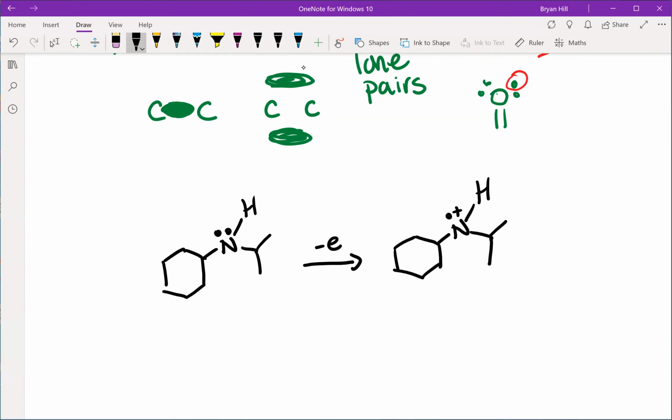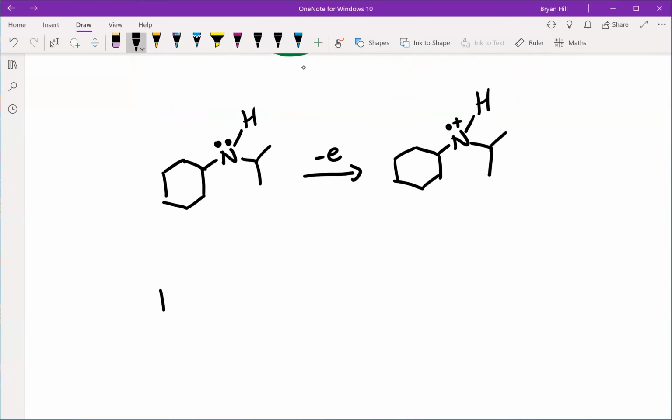If you had a double bond and you were to lose an electron, you would lose it in between. So one carbon would have an electron, and the other carbon would now have a positive charge. So where the double bond is, you would then have a radical cation in that sort of fashion.